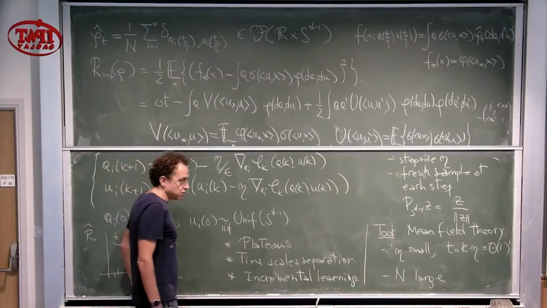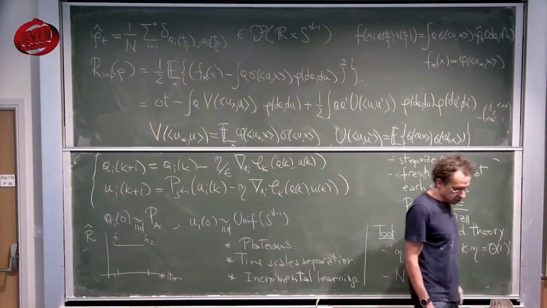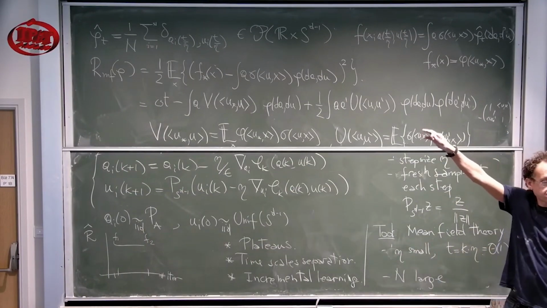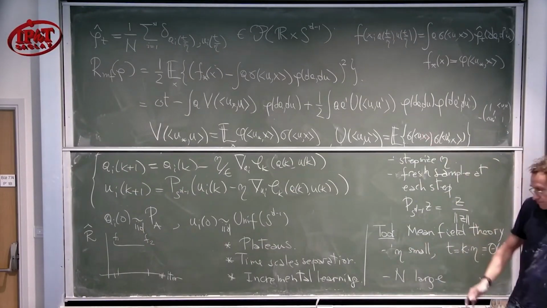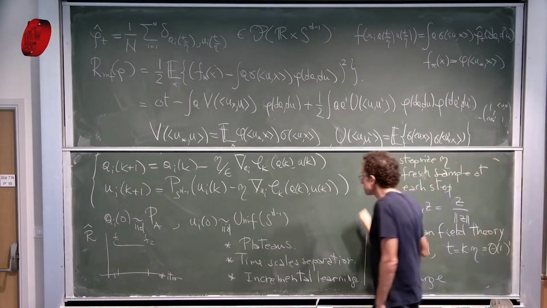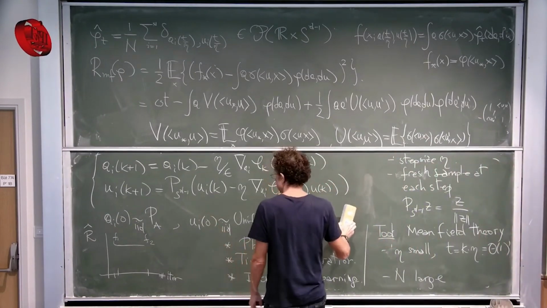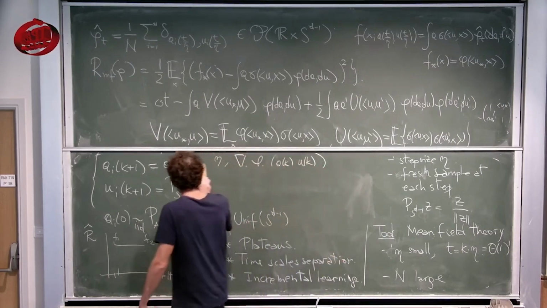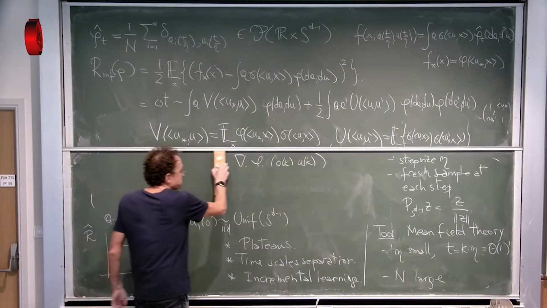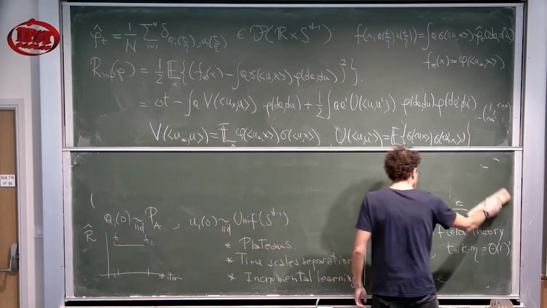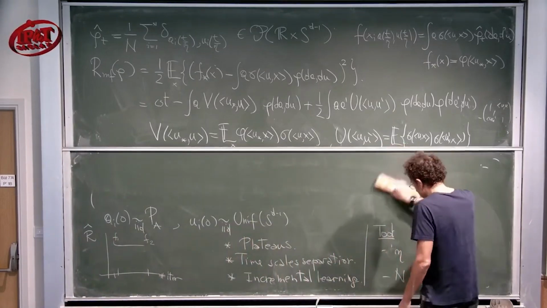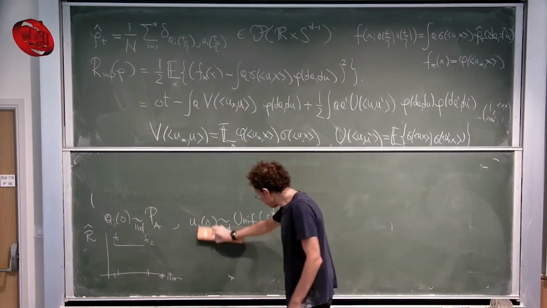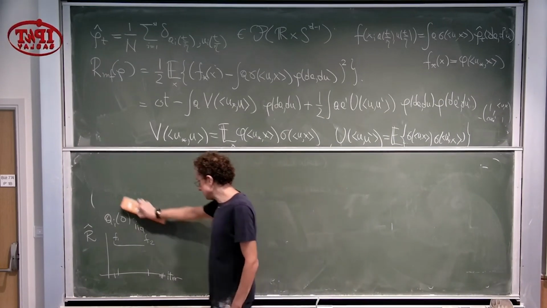Now what I want to do is write an evolution for rho, instead of thinking of this original evolution. That is valid, that is a good approximation for large width and small step size.